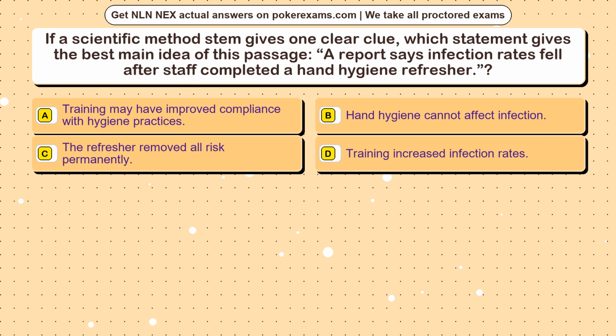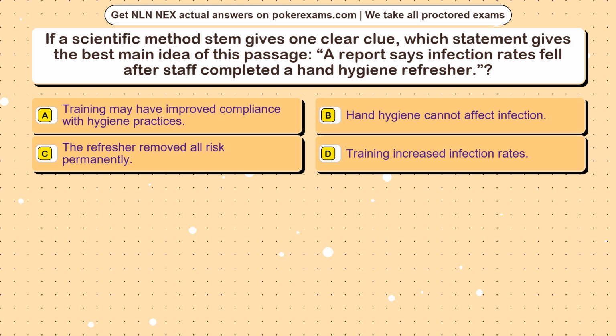Question 4. If a scientific method stem gives one clear clue, which statement gives the best main idea of this passage? A report says infection rates fell after staff completed a hand hygiene refresher. Option A, training may have improved compliance with hygiene practices. Option B, hand hygiene cannot affect infection. Option C, the refresher removed all risk permanently.